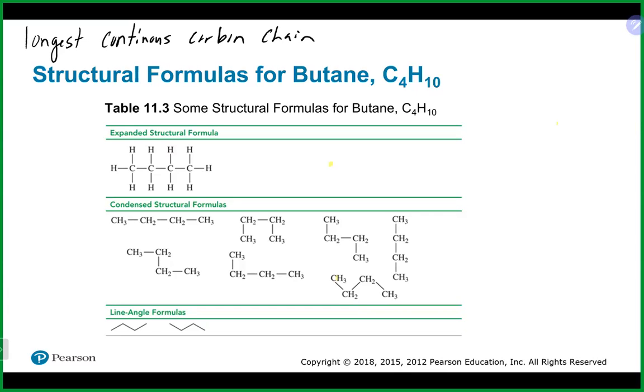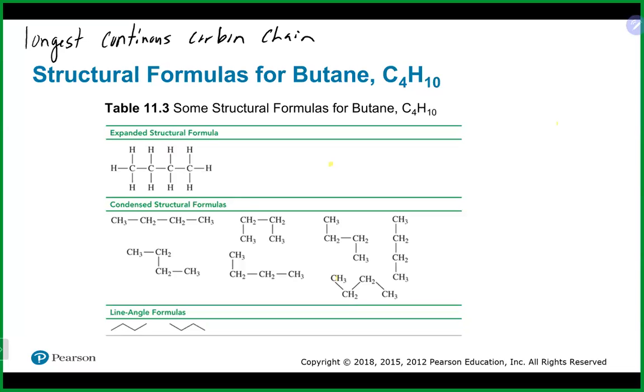Now, when you do longest continuous carbon chain, which we will do when we name things, it does not necessarily always have to be the straightest. Sometimes people think it's always got to be the one that's the straightest that you see. The longest continuous carbon chain could start at the bottom, go up over this way, come back down, and so forth. You just got to keep going until you can't go any further and you hit a wall, can't back up or anything like that.